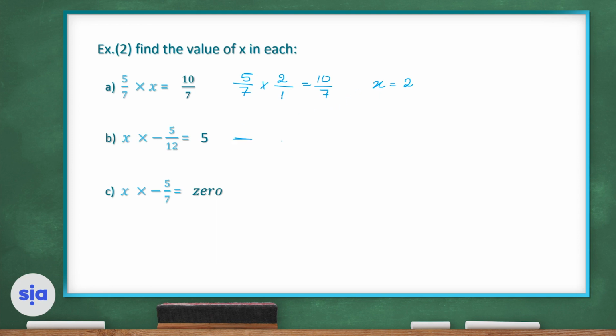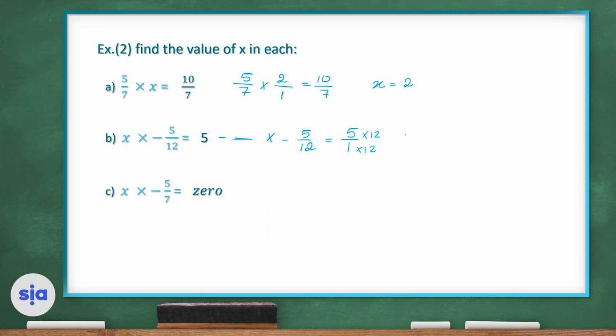This question, what over what times negative 5 over 12 equals 5, which is 5 over 1. The result is positive, so it is negative. And then after that, how can we get this? Yes, excellent. How can you make this as 12? You multiply up and down by 12.